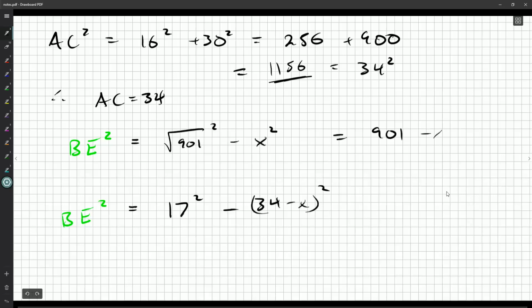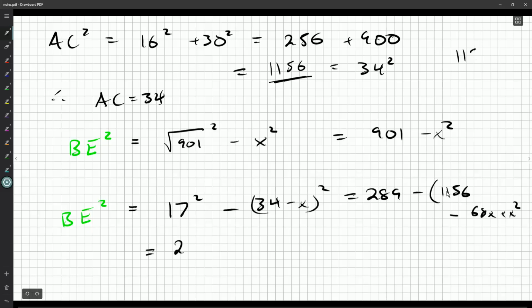So this is 901 minus x squared, and this is 289 minus 1156 minus 68x plus x squared. These two should be equal to each other.